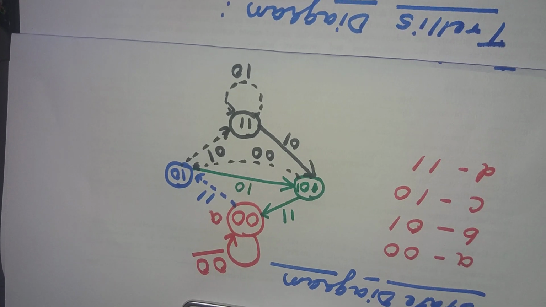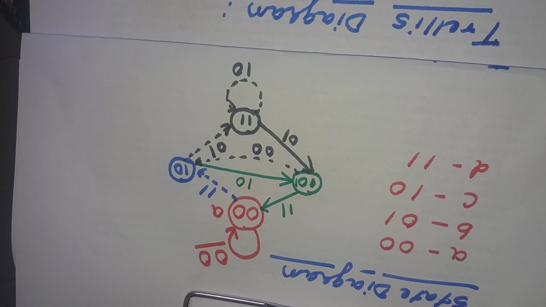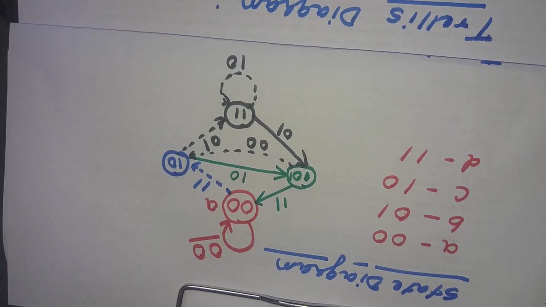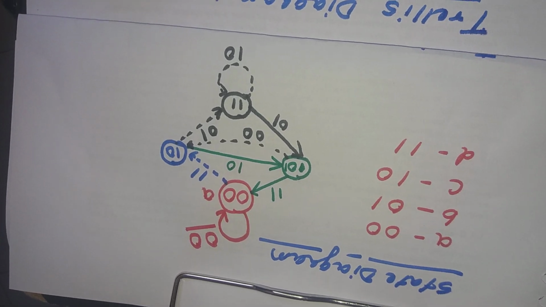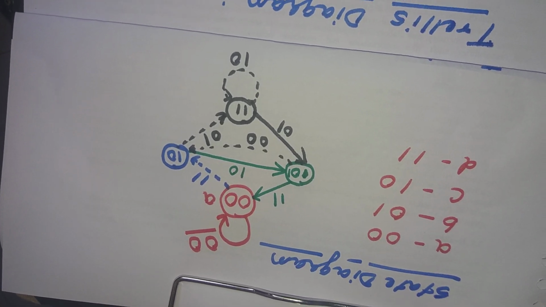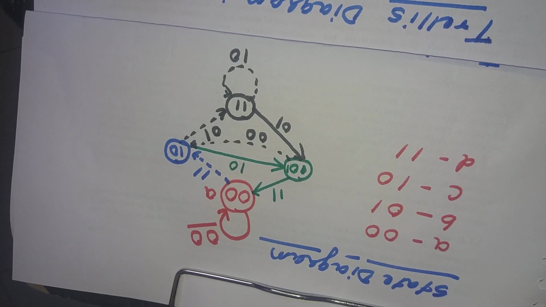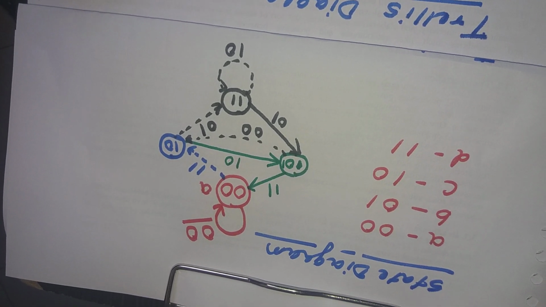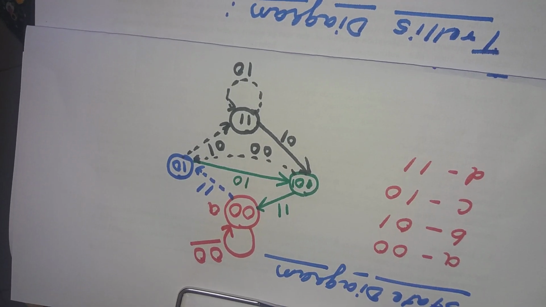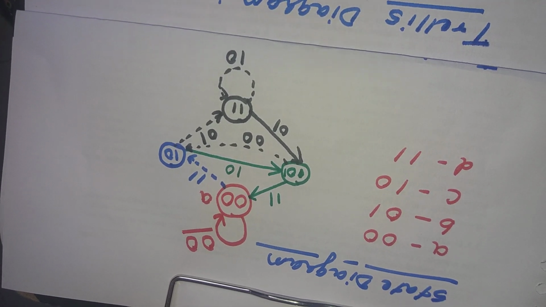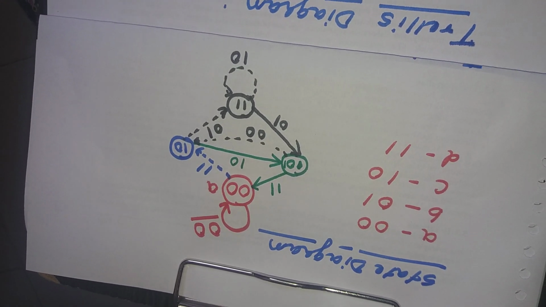From here we move to the next column with a dashed line and the output here is 0 0. So for the third column, for all these states in the third row, we have to repeat this. From here we move to state 0 0 with output 1 1, and when input is 1, we move to state 1 0 with output 0 0.